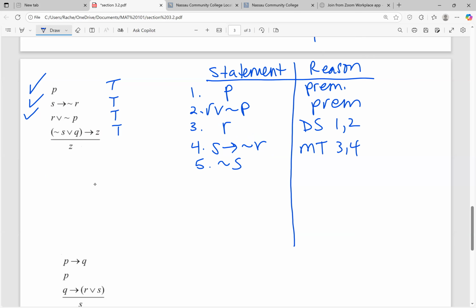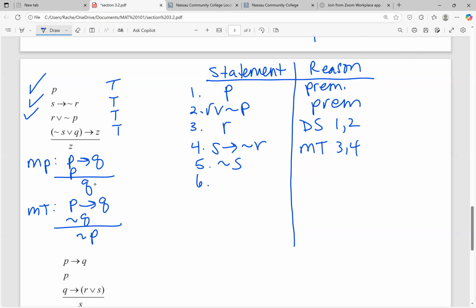So again, if we want to list these, we have modus ponens, modus tollens. So I only have one more premise, right?